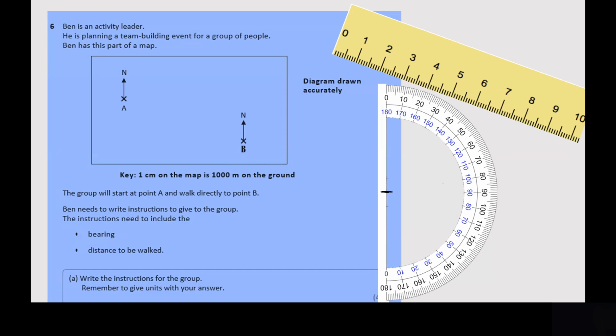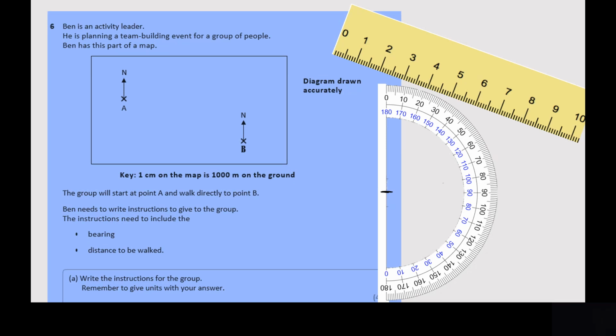So on here, let's read through the question first of all. Ben is an activity leader. He's planning a team building event for a group of people. Ben has this part of a map. So that's your context. You've got a picture of map with A and B. And the key for the map says 1 centimetre on the map is 1,000 meters on the ground.